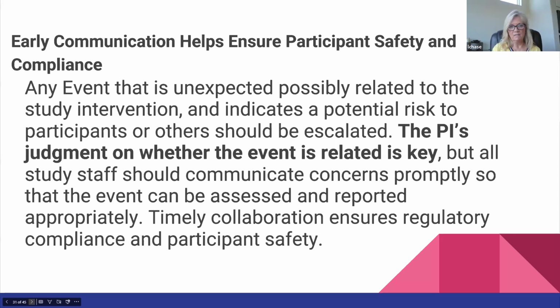Any event that is unexpected, possibly related to the study intervention, and indicates a potential risk to the participant or others should be escalated. The PI's judgment on whether the event is related is key. But all study staff should communicate concerns promptly so that the event can be assessed and reported appropriately. Timely collaboration ensures regulatory compliance and participant safety.